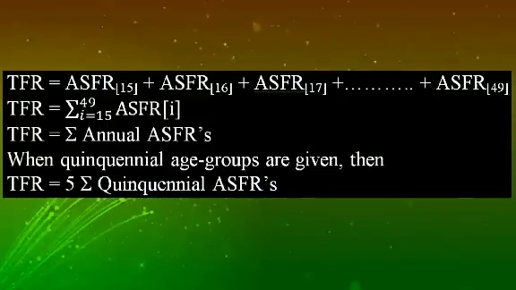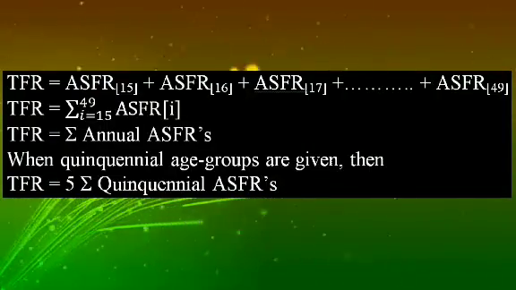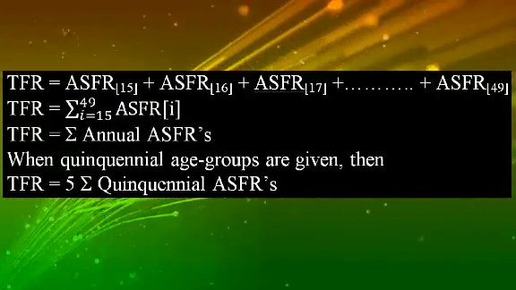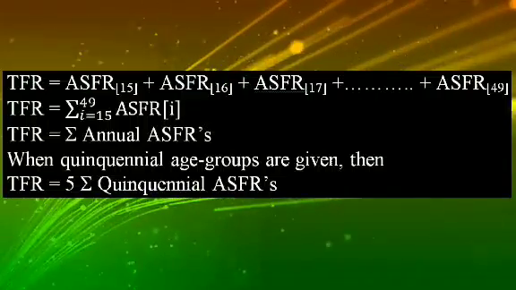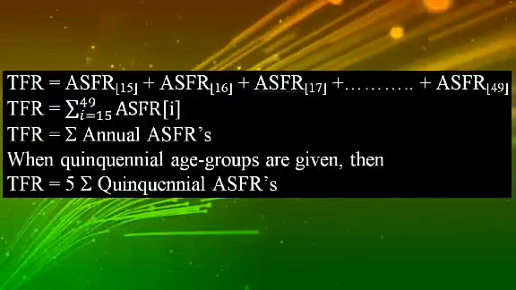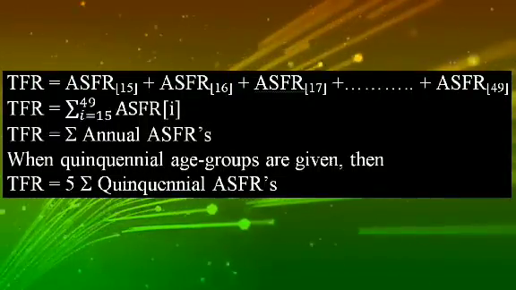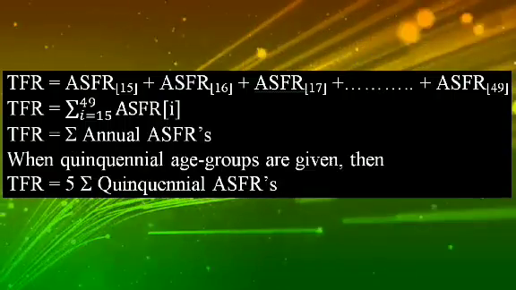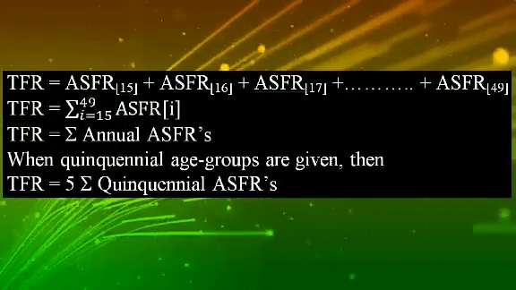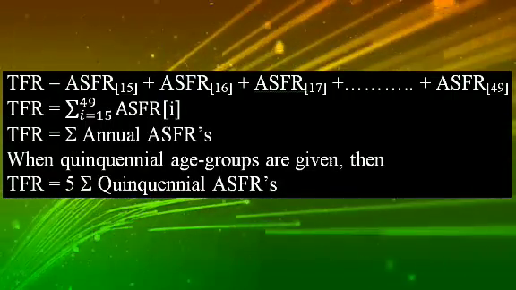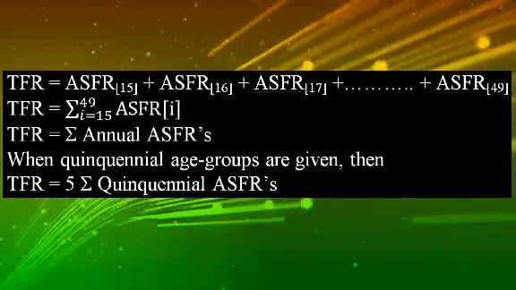So the first formula is TFR equal to sigma i equal to 15 to 49 of ASFR values, which means total fertility rate is the sum total of ASFR. The total ASFR will be taken as TFR.